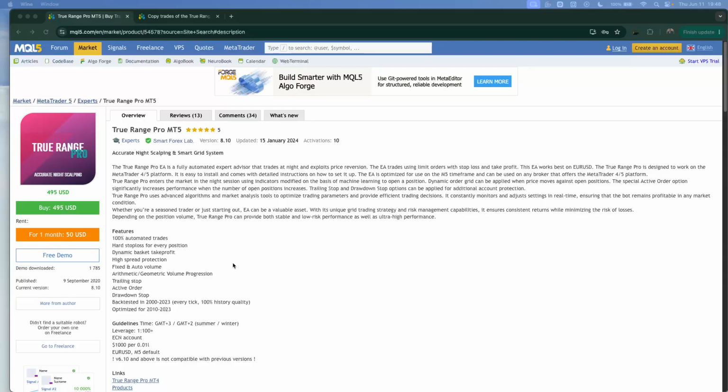Implications will be that it's best in stable ranging conditions, and I'll say it's for experienced traders on EURUSD who monitor and use proper capital allocation. Avoid it if you want zero drawdown or multi-pair simplicity, or maybe you have a tiny account. Yeah, you should probably avoid it, and ensure you always test on demo first before using any expert advisor, including the True Range Pro expert advisor.